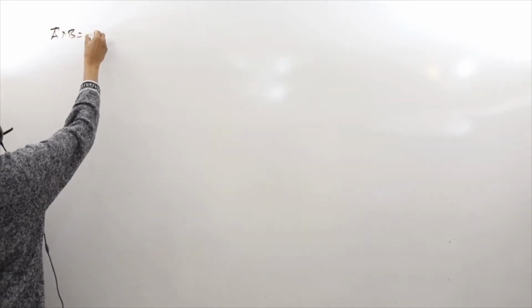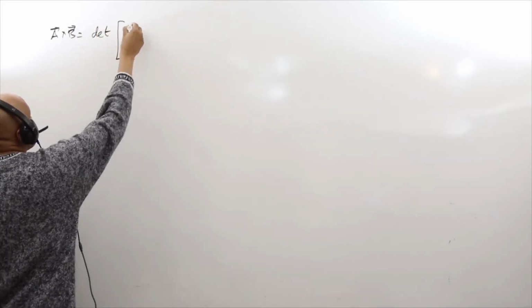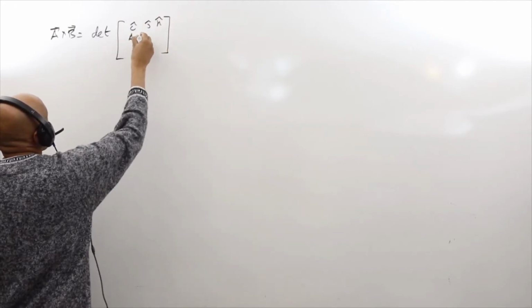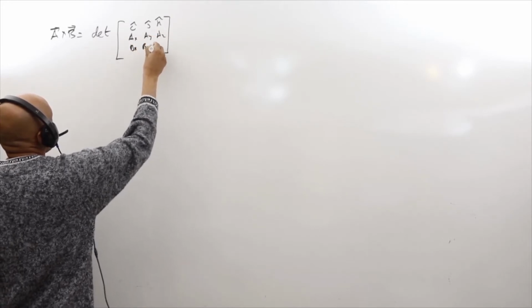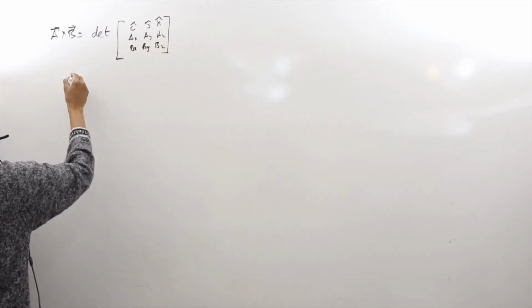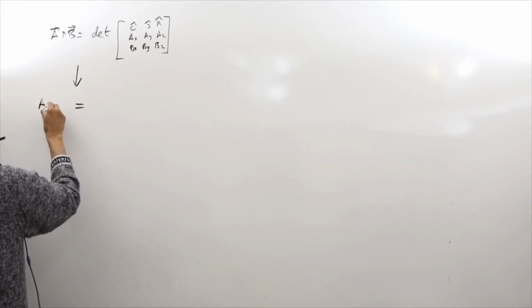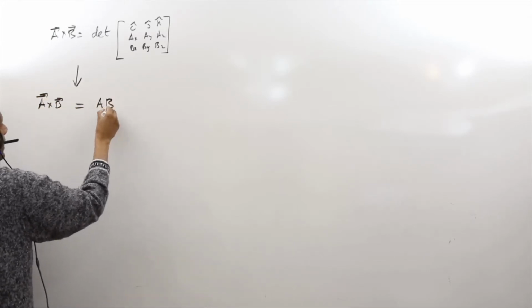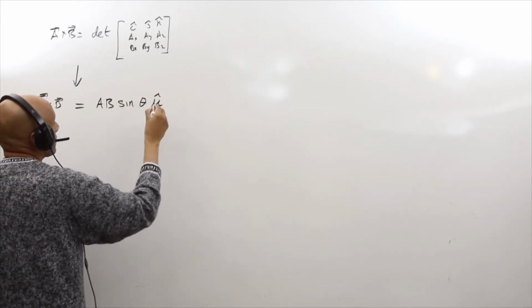If somebody tells you the cross product is equal to the determinant of i, j, and k; Ax, Ay, and Az; Bx, By, and Bz, from this definition we can actually prove that the cross product is also equal to the magnitude of A, the magnitude of B, times sine of the angle between them, times the unit vector U.